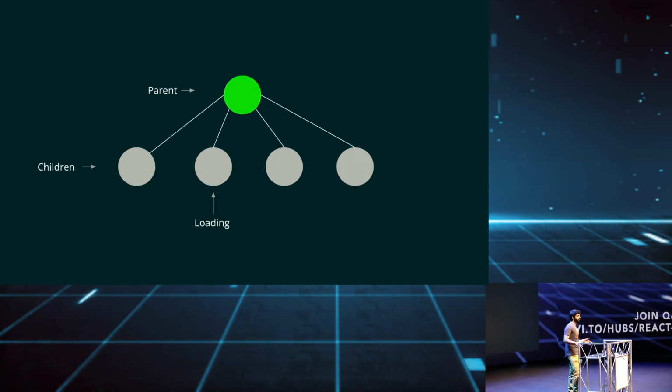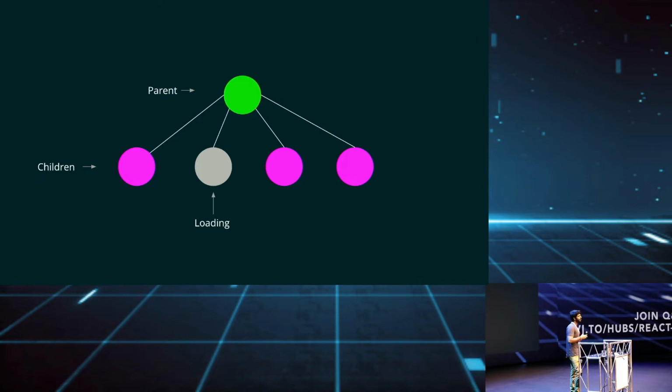Once the parent completes its work, we remove our loader and render our children. Some children might then start their loading, with their own API calls, because only once the parent has finished do you render your children. If your children are doing some async work, they have to start it when the parent finishes. That's actually the waterfall problem.